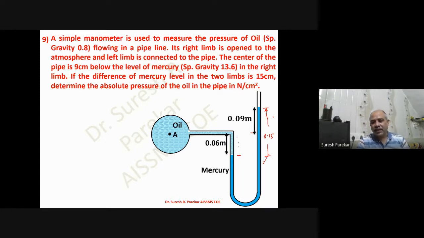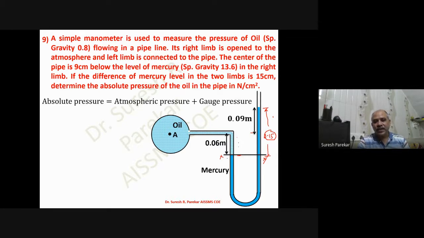So now we take the line XX, where the pressure is the same, and we have to consider the part which is above this. We start from A, then we are going down, so plus, and then here we come down directly. So this will be rho gh, where h is 0.15, and here we have PA plus rho g into h at 0.06. You can see this absolute pressure is atmospheric pressure plus gauge pressure.